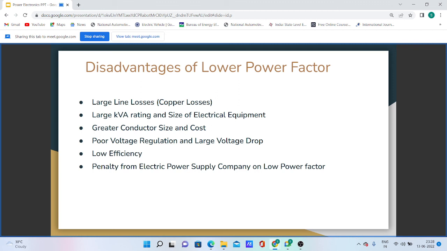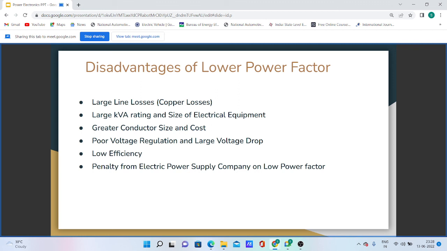Therefore, power factor improvement is necessary to get rid of the problems associated with low power factor.